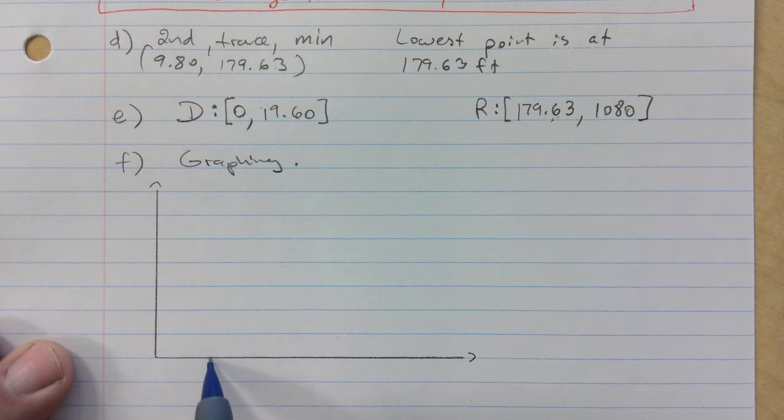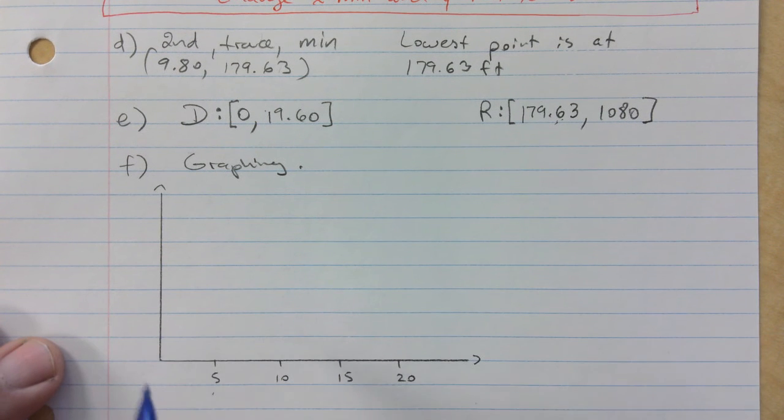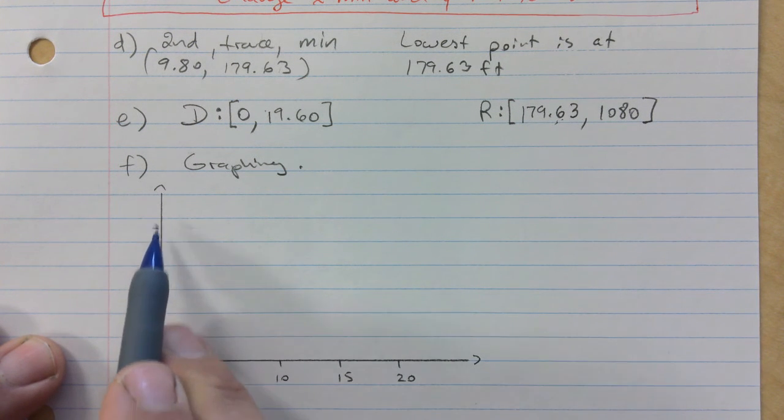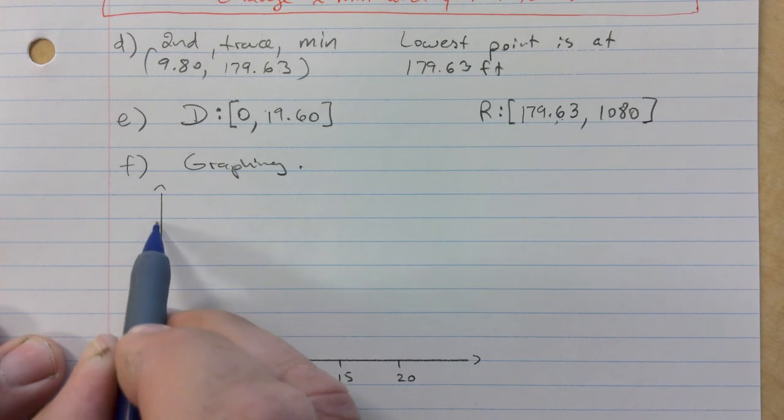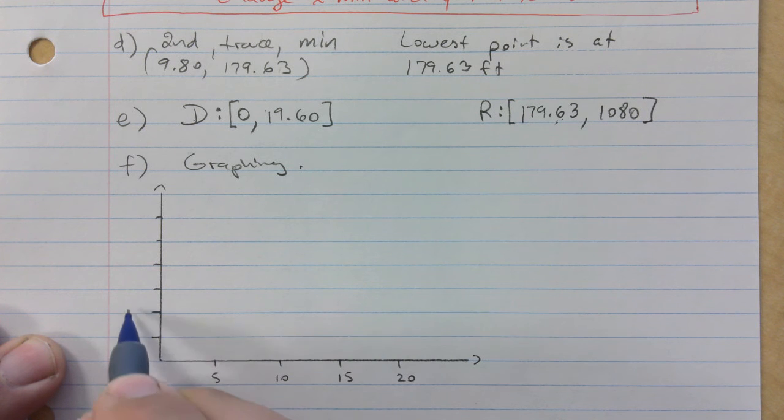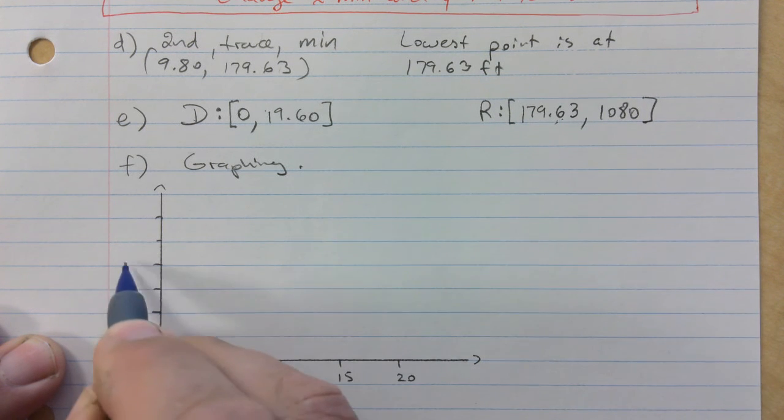Graph, I need to account for 19.60. So if I go 5, 10, 15, 20, that should be enough. Height, I'm going to go to like 1200 maybe. 2, 4, 6, 8, 10, 12. Perfect. So 200, 400, I'm going to label every other.